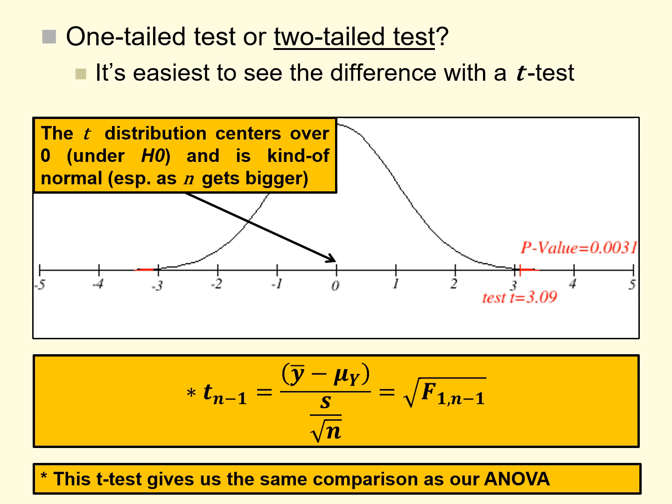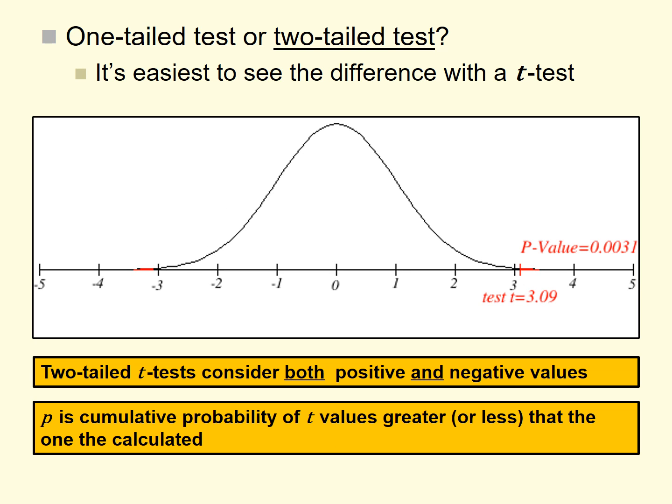And by the way, I should have popped up on this before. Here's that little note just reminding us that this is the null distribution. So a two-tailed t-test considers both positive and negative values for that test statistic. So in this case, we see that our t value that we computed in this particular sample was 3.09.